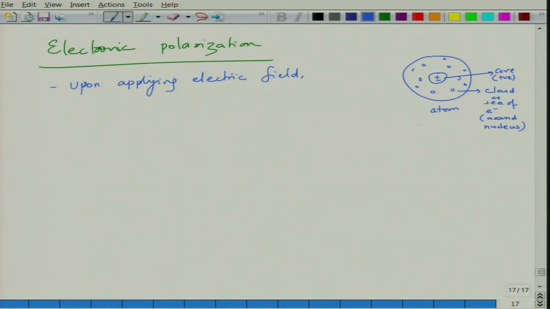So when E is equal to 0, mu is also equal to 0.